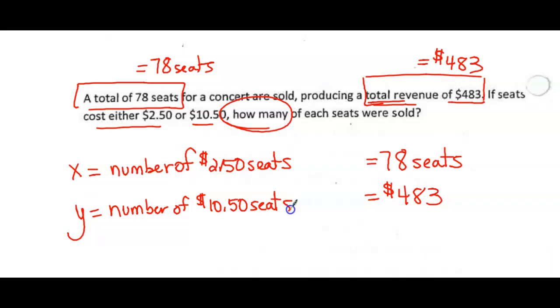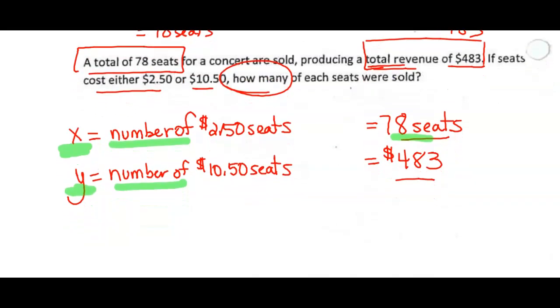Now remember, thinking back, we need something that equals seats and something that equals money. So, if I grab my highlighter here, X is the number of $2.50 seats, Y is the number of $10.50 seats, and I know there are 78 seats.